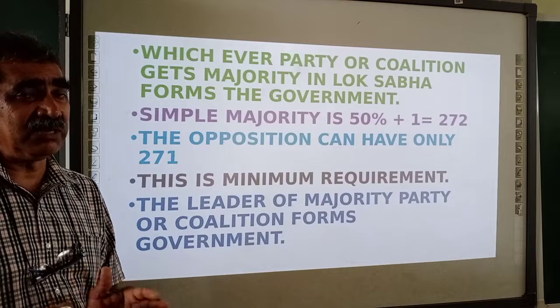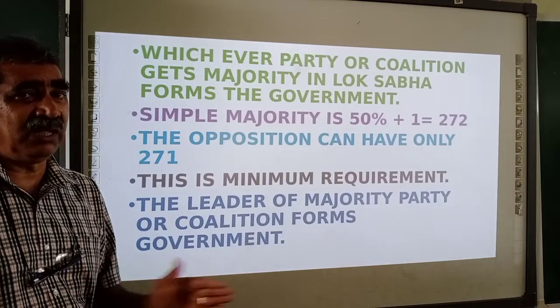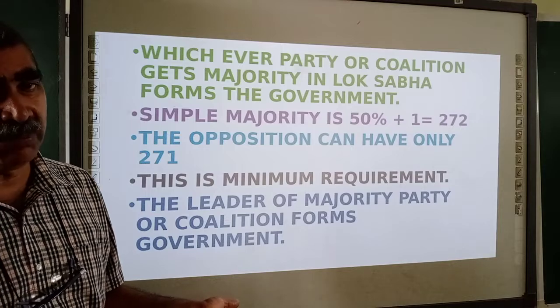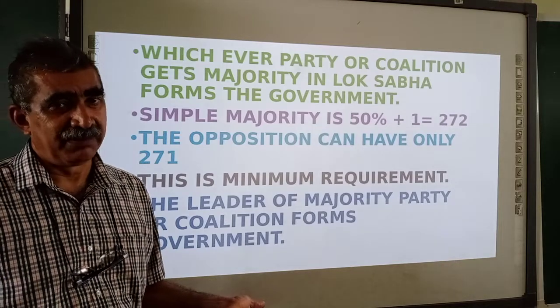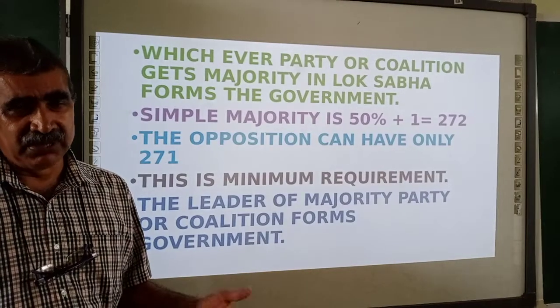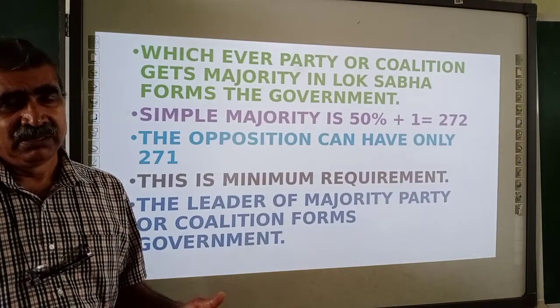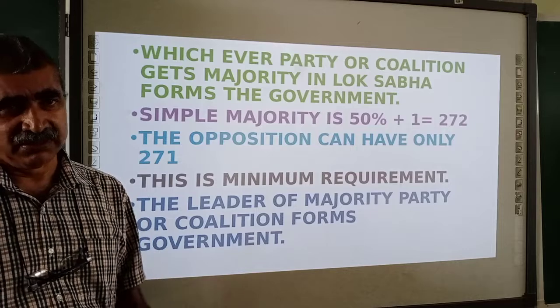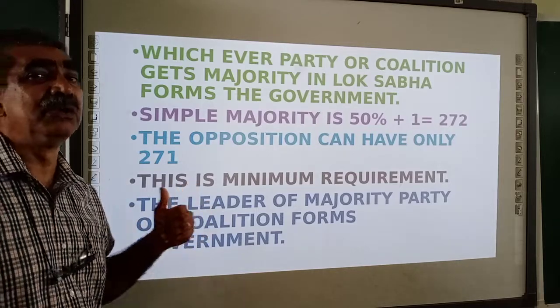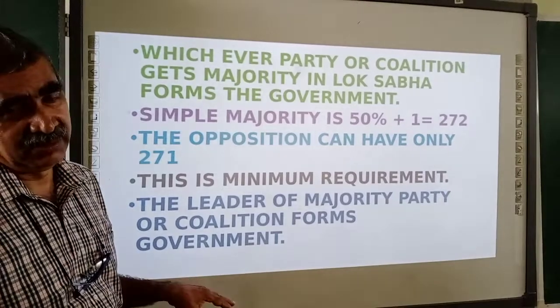And it is not compulsory that the prime minister should be from the Lok Sabha. He can be from the Rajya Sabha also. Three prime ministers were from Rajya Sabha, mainly I.K. Gujral, Devegowda and Manmohan Singh. They were not members of Lok Sabha.